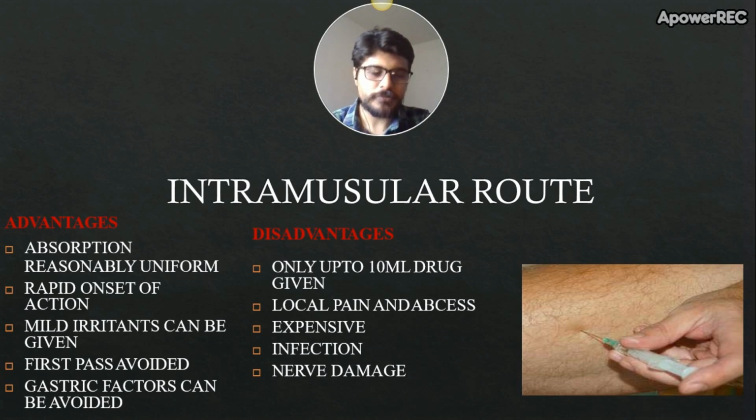Sometimes a drug has the characteristic of producing irritation, and then it cannot be given via the intravenous route, so it can be given via the intramuscular route. First pass is totally avoided via this route, as we already know it is a parenteral route. So first pass metabolism will not occur, and gastric factors cannot affect this route.